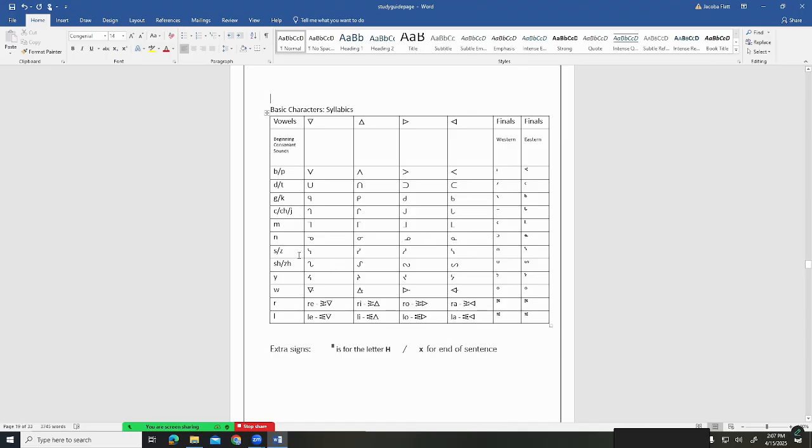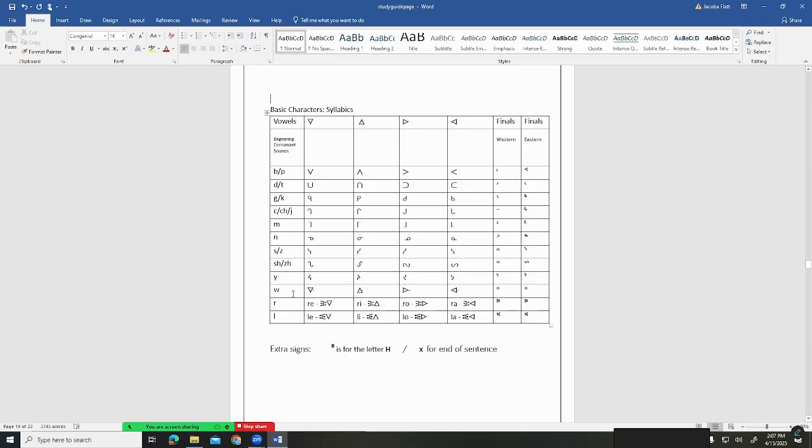The S, Z sound, Se, Si, So, Sa. And the Sh sound, She, Shi, Sho, Sha. And the Y sound, Ye, Yi, Yo, Ya.